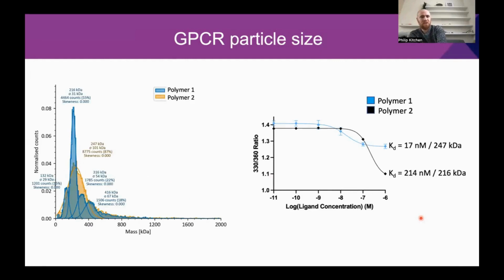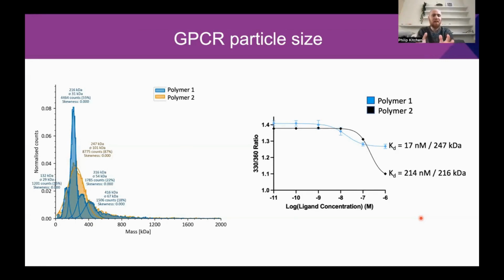So then we wanted to try and compare the binding affinities to the particle sizes, because one of the things that we thought was that maybe the different polymers are giving different particle sizes, leading to different lateral pressures in that disk of lipids that comes in the styrene maleic acid lipid particle.